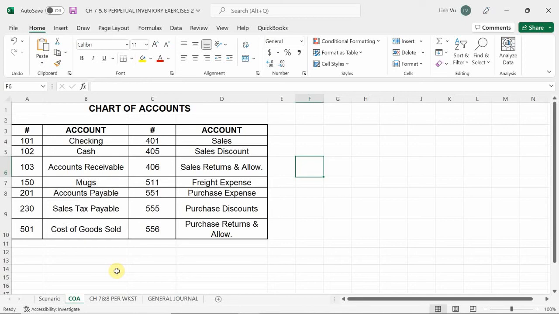Mugs, not yet, but that's part of it, yes. What did I do? It's not on account. No, it's not on an account. Okay, we got cash, sales tax payable.